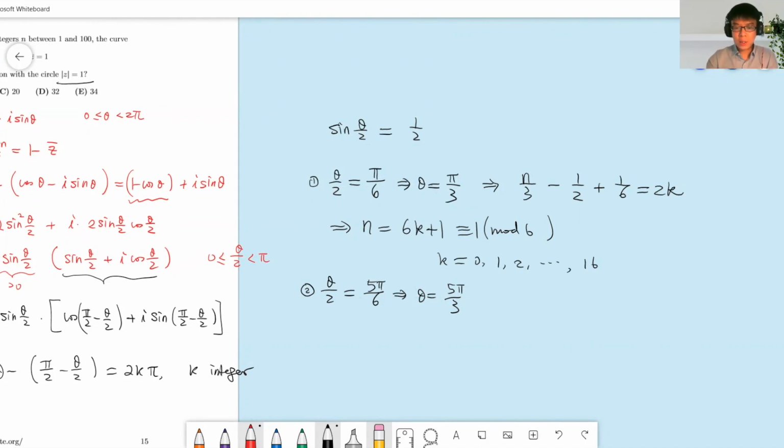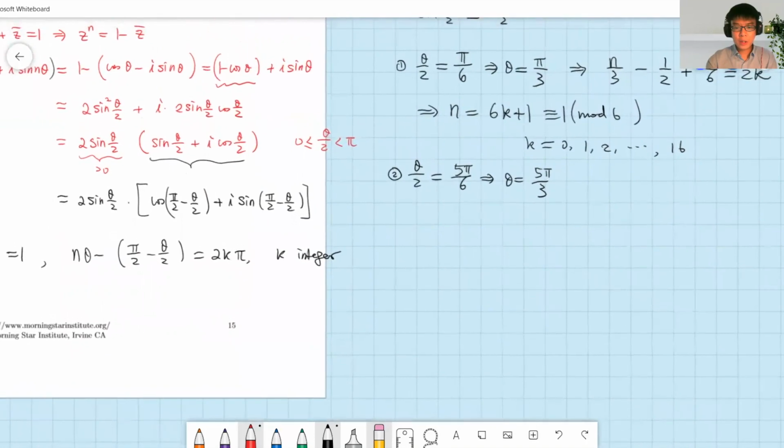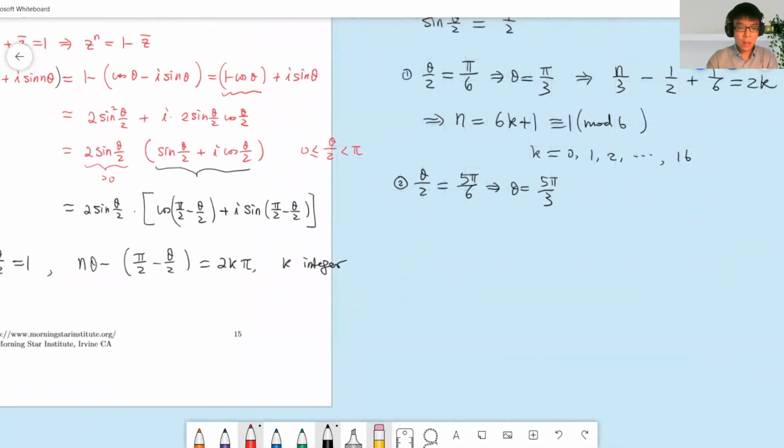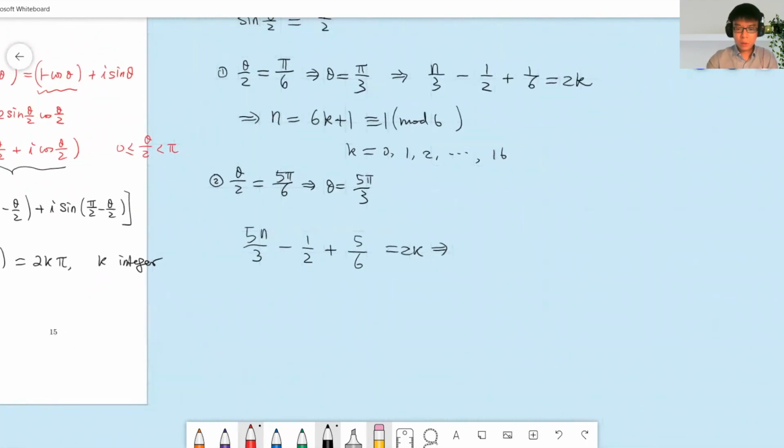Okay, we should also discuss the second case. Theta equals 5 pi over 3. In this case, we also plug in, we have n theta, so it's 5n over 3 minus 1/2 plus 5 over 6 equals 2k. Again, we can solve for n. This time we have 5n equals 6k minus 1.